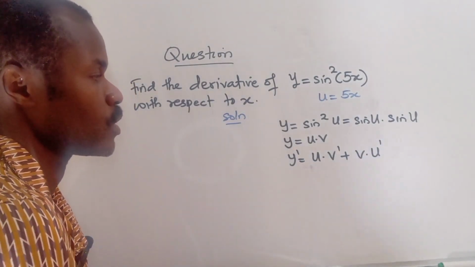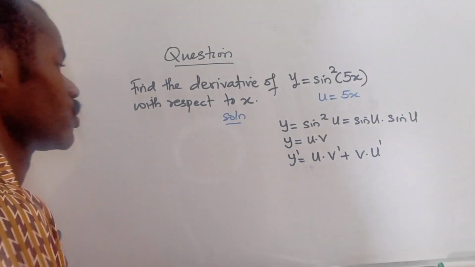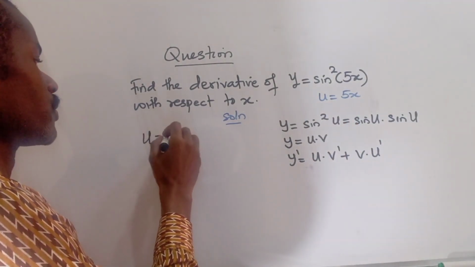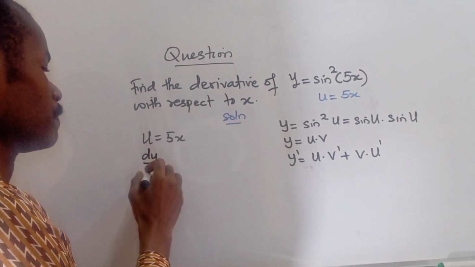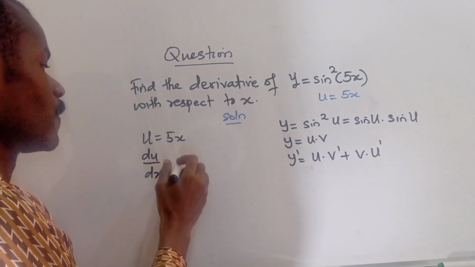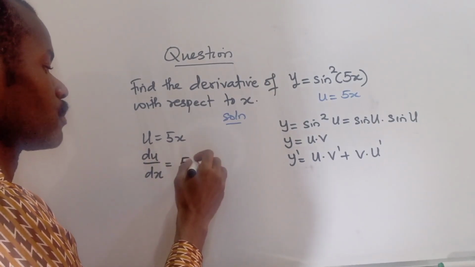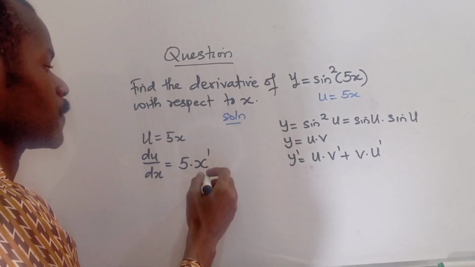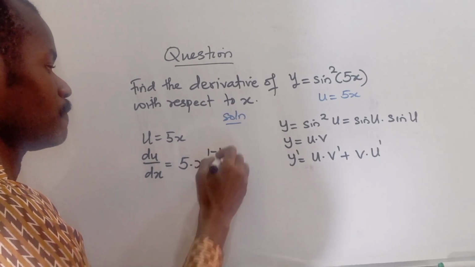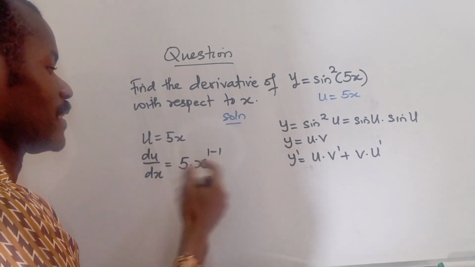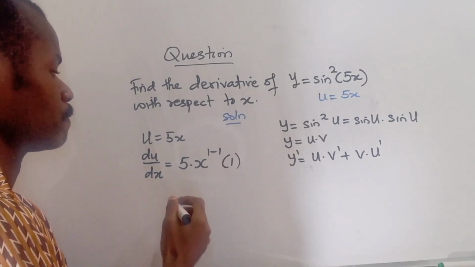All right. So remember, our u is equal to 5x, and du over dx is equal to 5 times x to the power of 1. So all we need to do is subtract 1 from this power and multiply by 1.